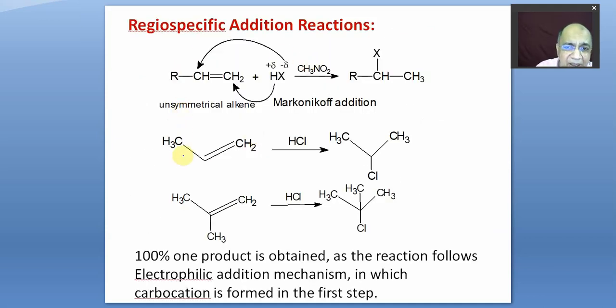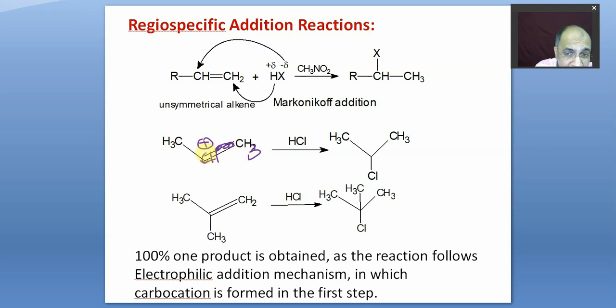When this alkene is simple, no substitution, nothing, this is propene. Then you add HCl. So in the electrophilic addition mechanism, as I have already made a video on that, the first part is the formation of the carbocation.